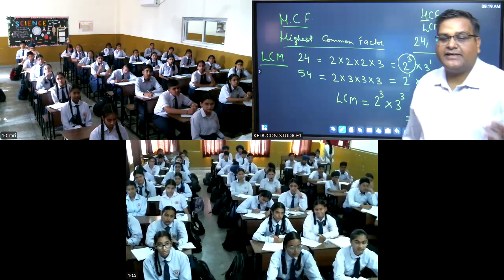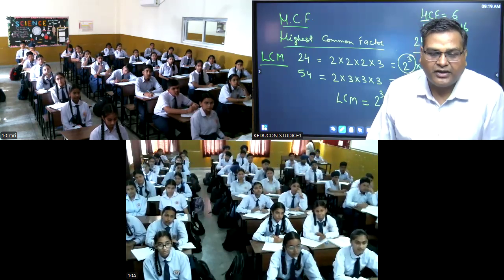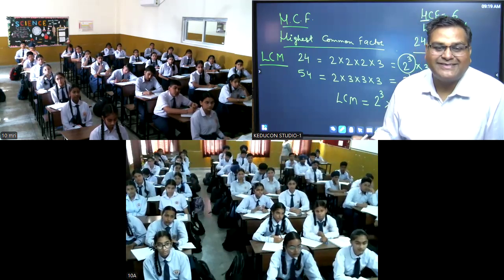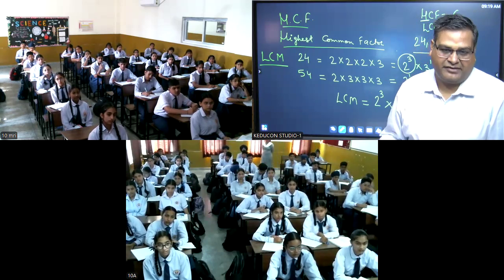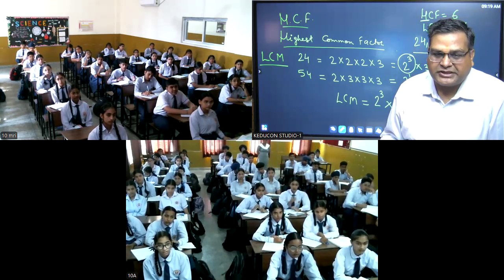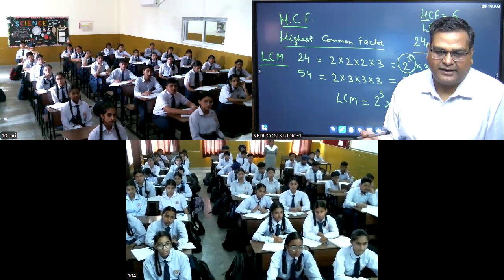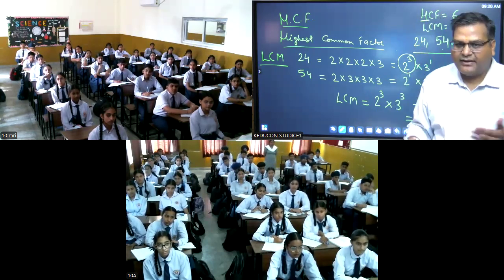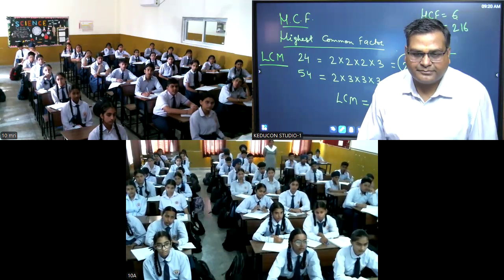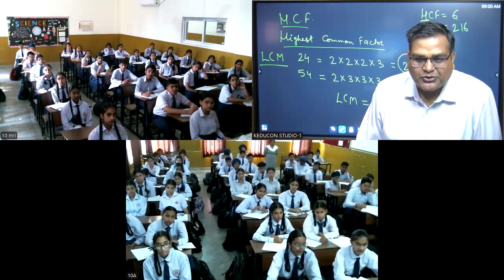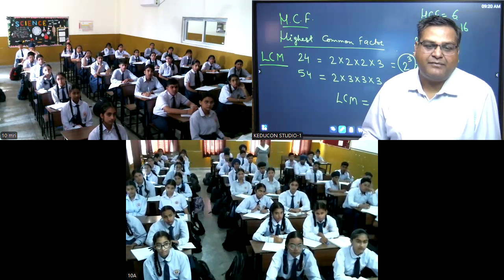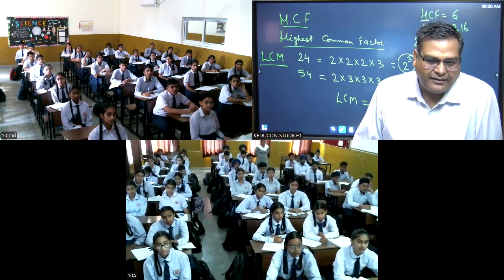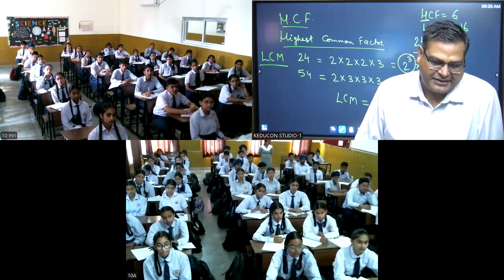Highest common factor of numbers is lesser or equal. Beta, it cannot be equal, because if the HCF is equal, then the numbers will be the same. Yes or no? So that means HCF will always be less than the number, or the number itself.